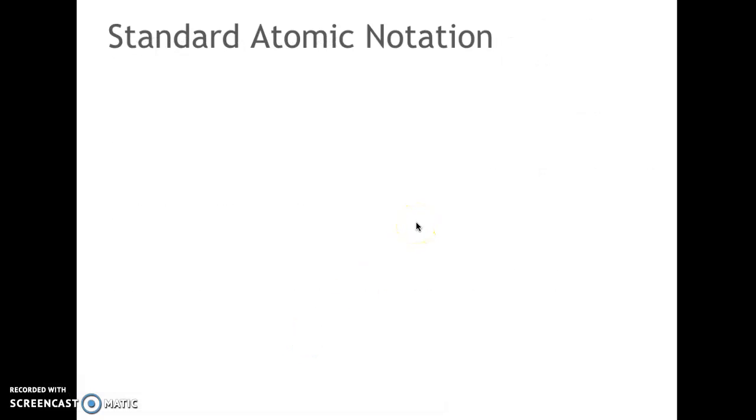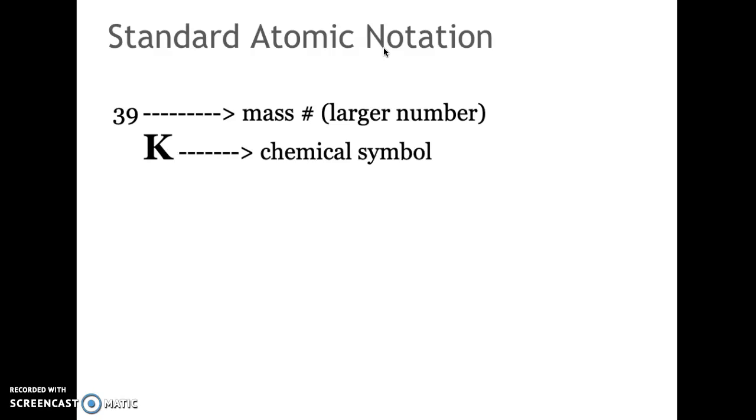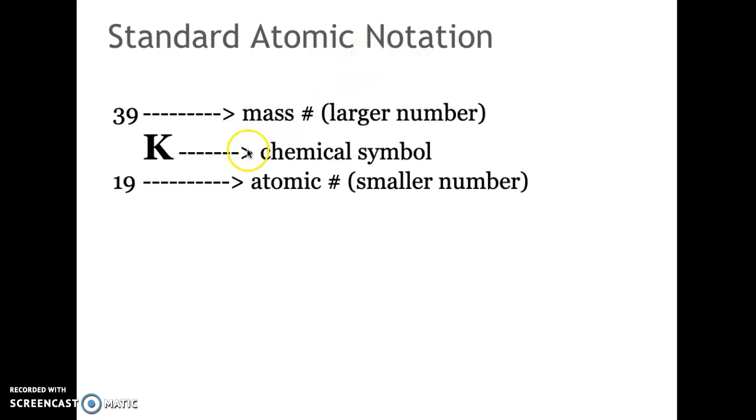Okay, there is another way that we're not going to work on this much in this class, but just so if you see it again in grade 10 or grade 11, I wanted to show it to you. This is called standard atomic notation. And what it does is it sets up your math for you.